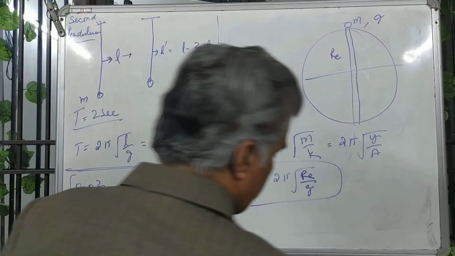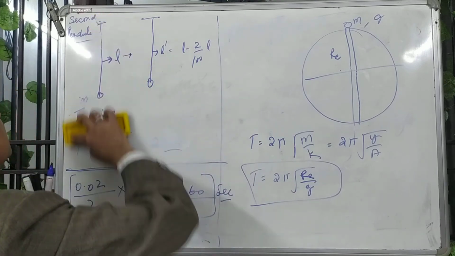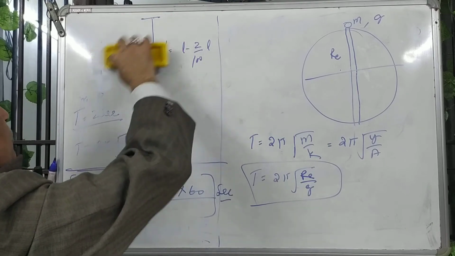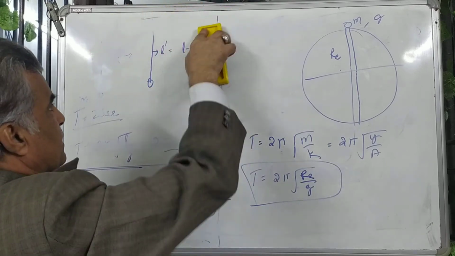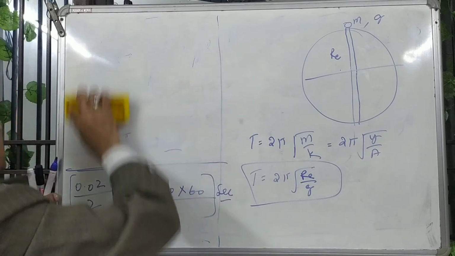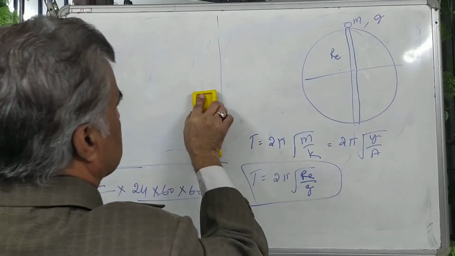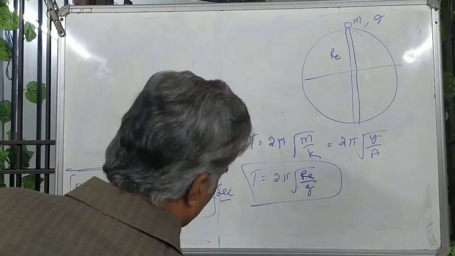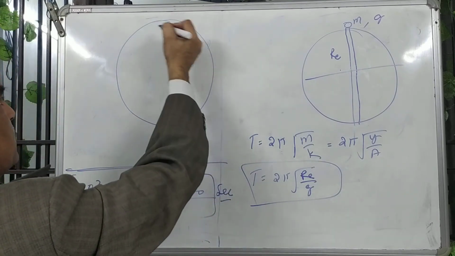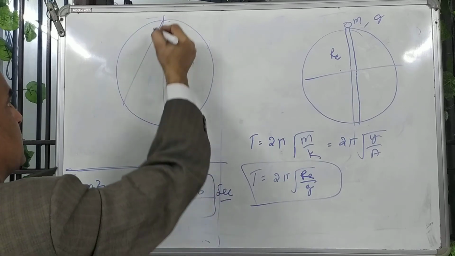And in this, I am adding one more question. So this is your earth, and a tunnel is now made like this.